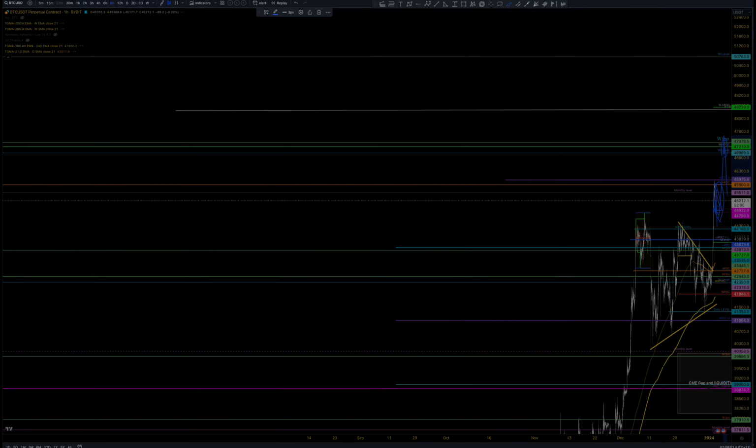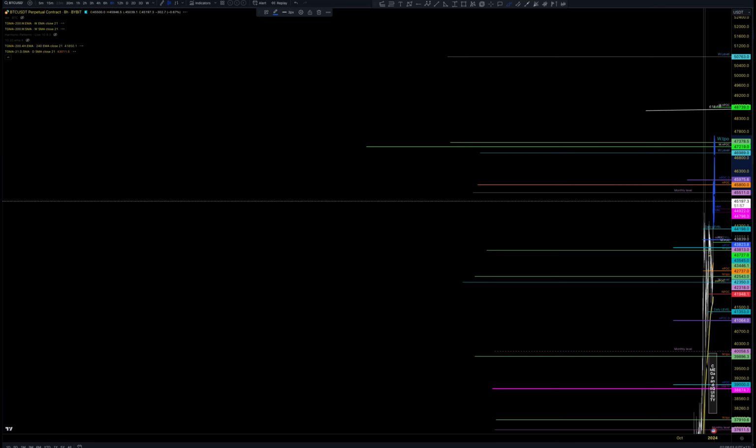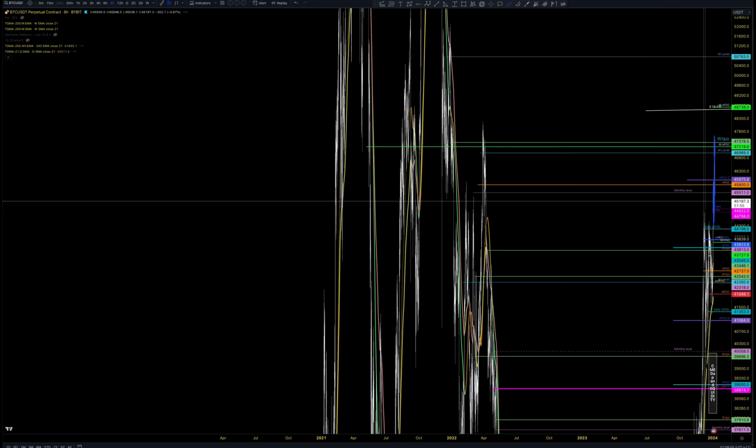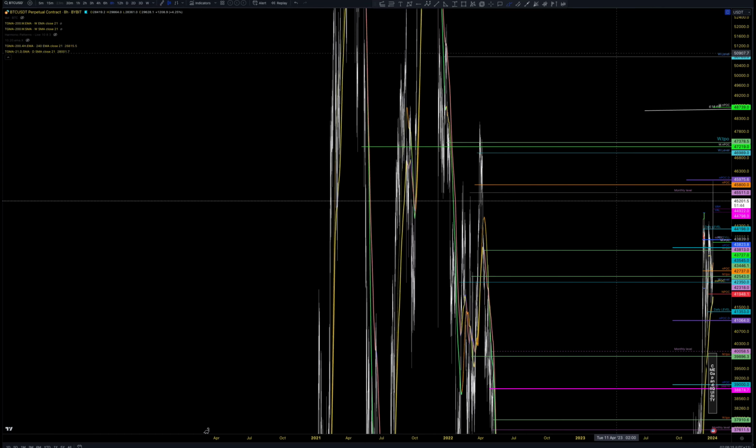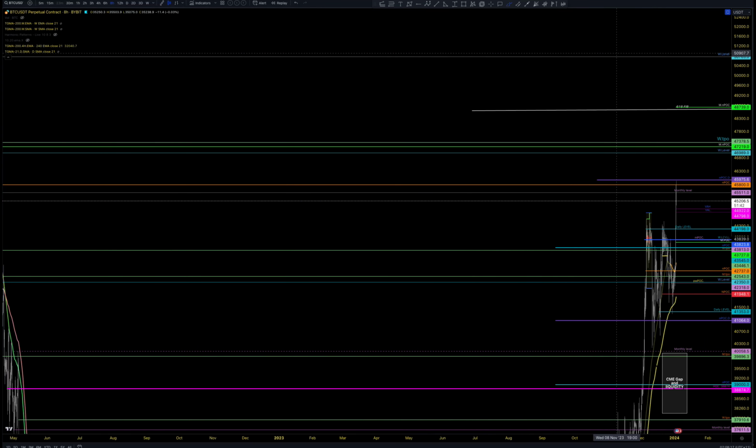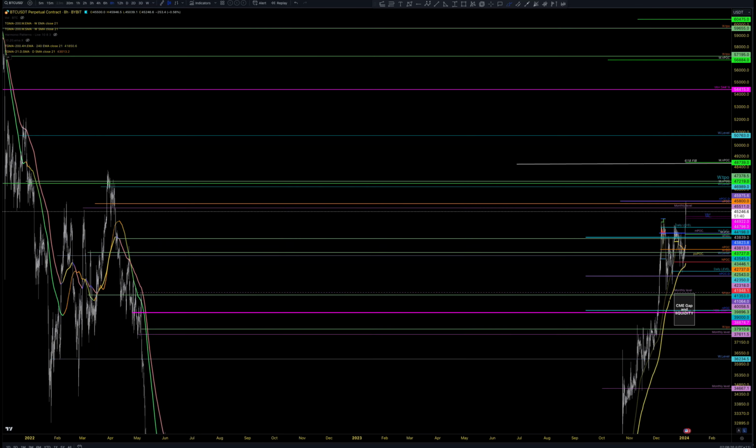So let's just put that in there. It's not our 618 level. But it's an important level. So here we are. We might not take that 618 fib level here, as I pointed out.